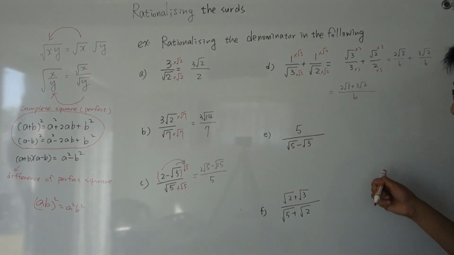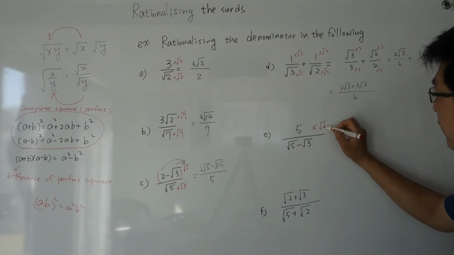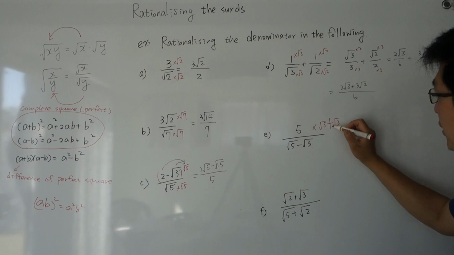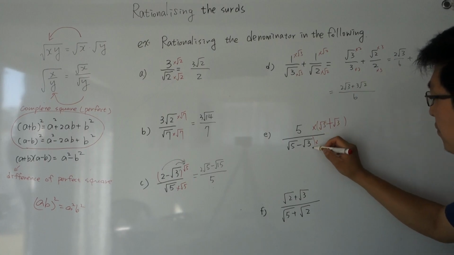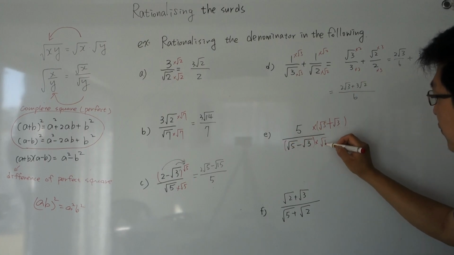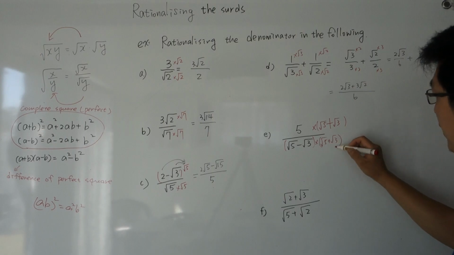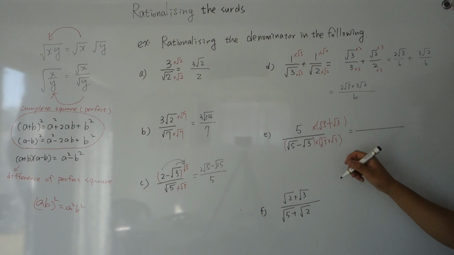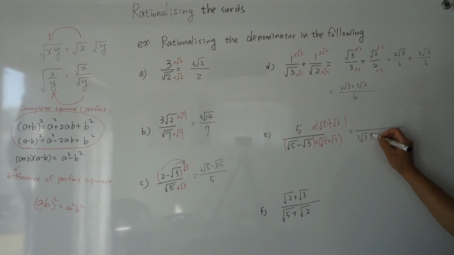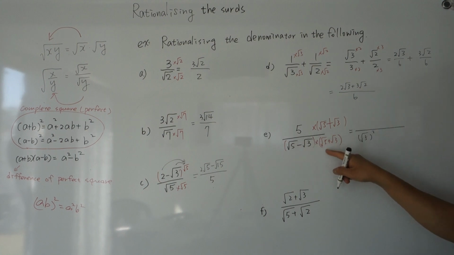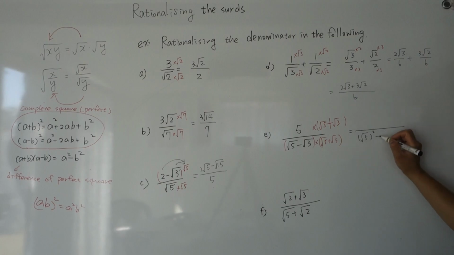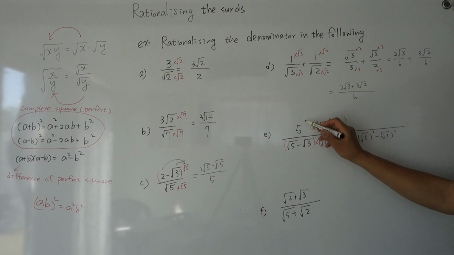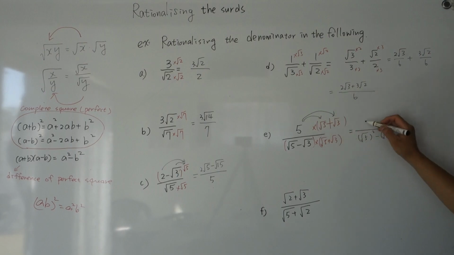So we need to times what? We need to times square root 5 plus square root 3, on the top bracket and the bottom. So what happens here? The bottom becomes square root 5 squared, a minus b times a plus b becomes a squared minus b squared, minus square root 3 squared. The top, by the distribution law, becomes 5 square root 5 plus 5 square root 3.